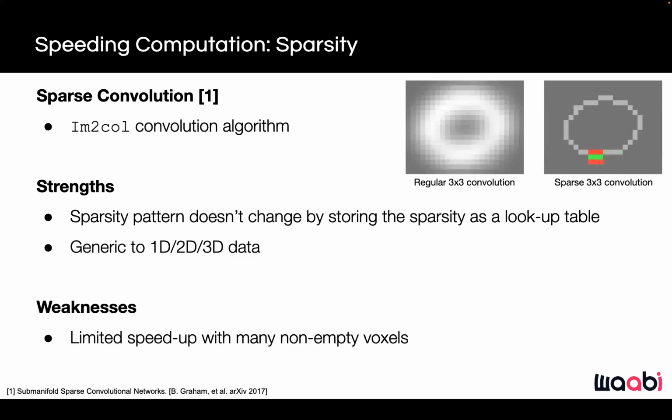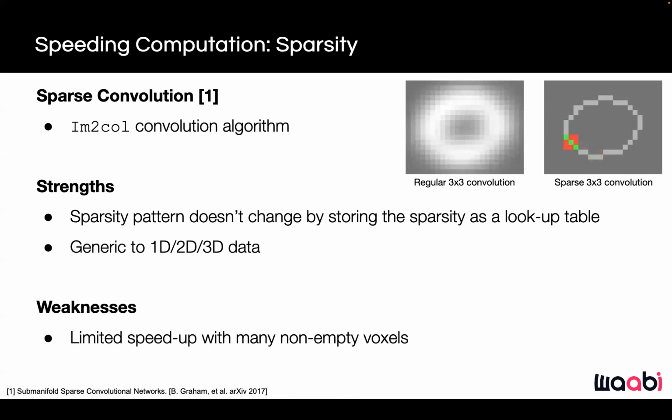As we know, 3D voxels and bird's eye view projections are sparse. A natural question arises: can we exploit the data sparsity to speed up computation? The answer is yes. We can utilize specially designed sparse convolutions to prevent wasted computation on the empty locations.